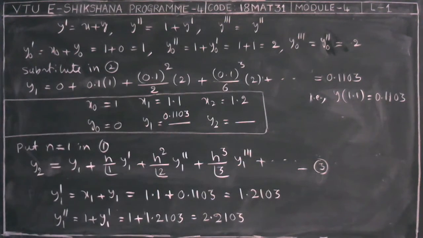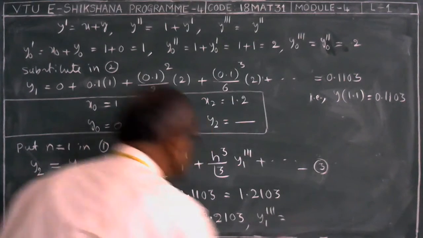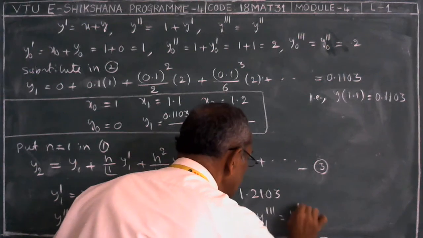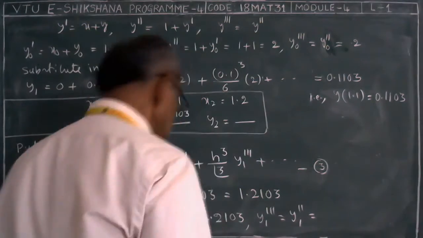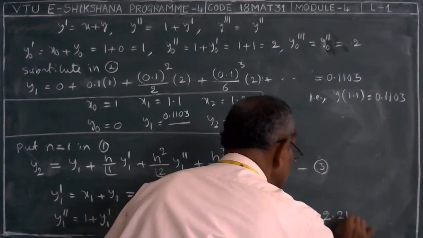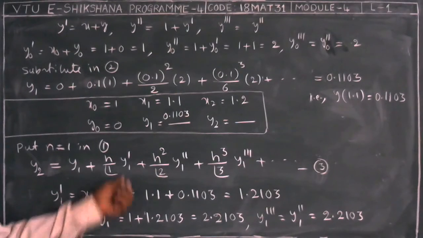Okay, this is y1 double dash. Similarly, y1 triple dash is y1 double dash, which is 2.2103. So this is also the same thing, 2.2103. Now substitute all these values in 3.